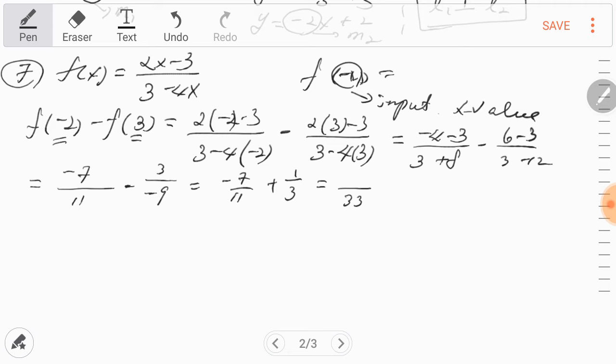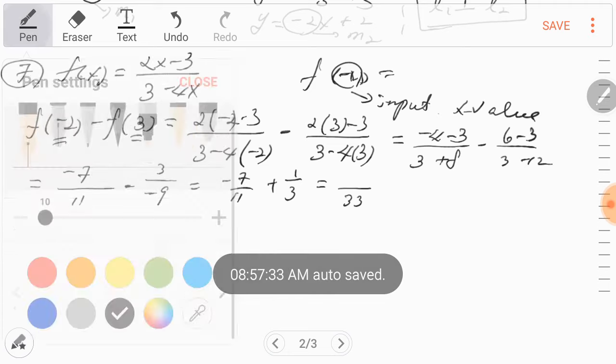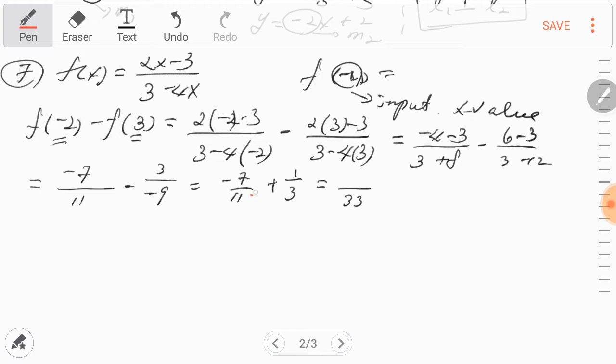So we have to multiply the numerator by 3. Multiply both top and bottom by 3, then -21. Then this, multiply both top and bottom by 11, so that the denominator becomes 33.